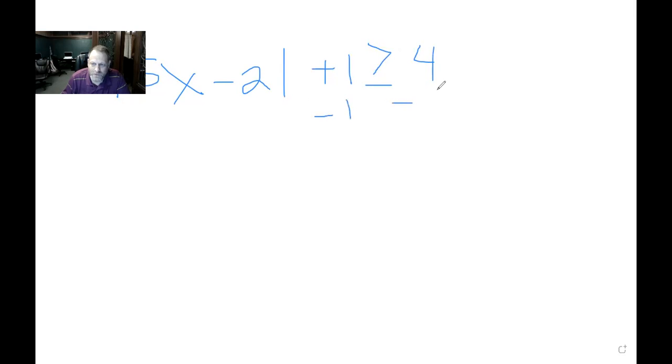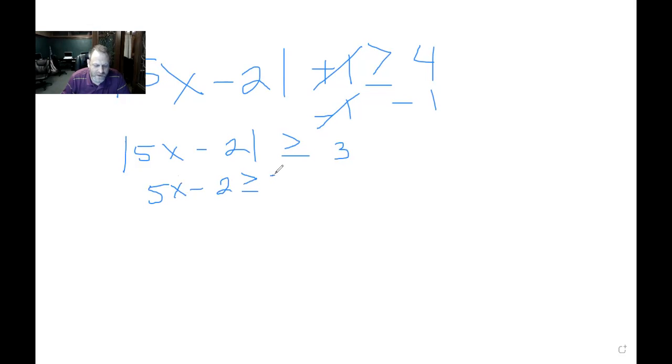Get rid of that 1. Okay, -1 on both sides. 5x minus 2 is greater than or equal to 3. Okay, guys, so remember, let's take everything out just like you normally would. Take everything out of there.